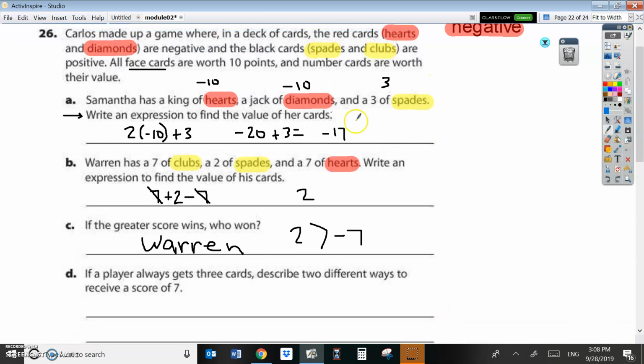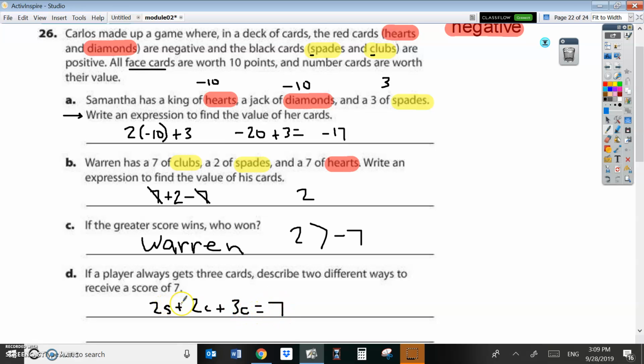So, we need 2 of spades, 2 of clubs, plus 3 of clubs equals 7.